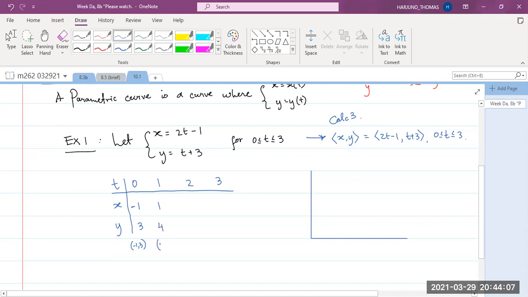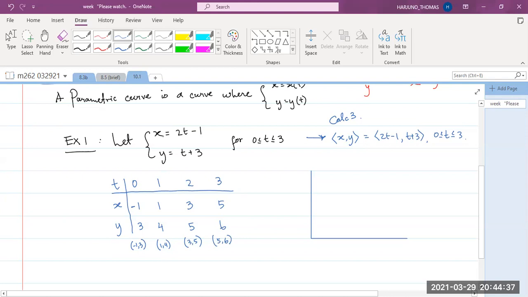The coordinate corresponding to that is (1, 4). When t is 2, x is 3, and the y is 5. This is (3, 5). When t is 3, the x is 5, the y is 6. So that's (5, 6).